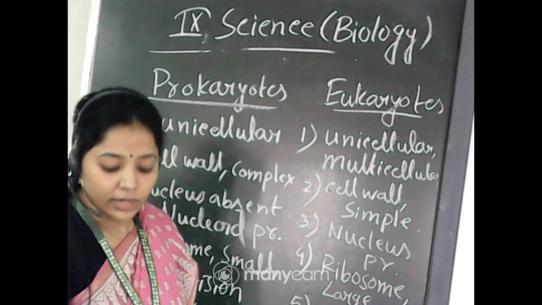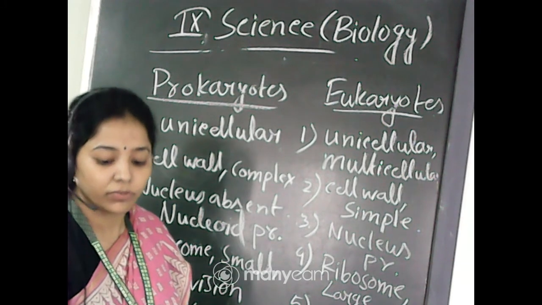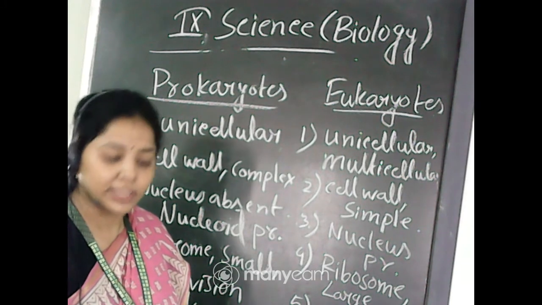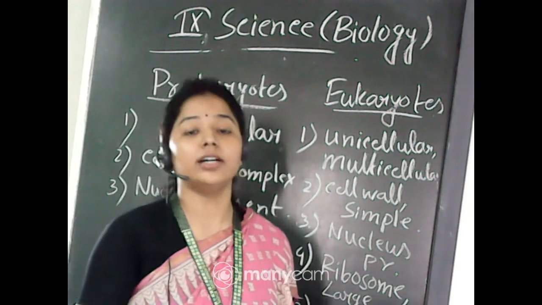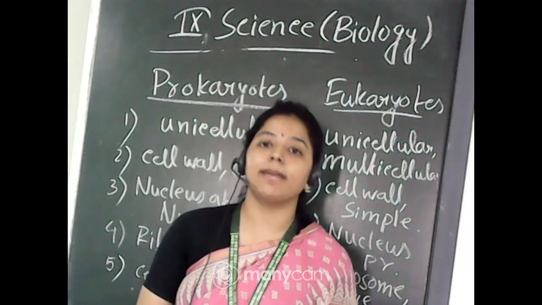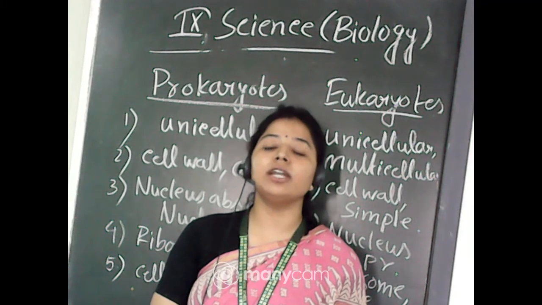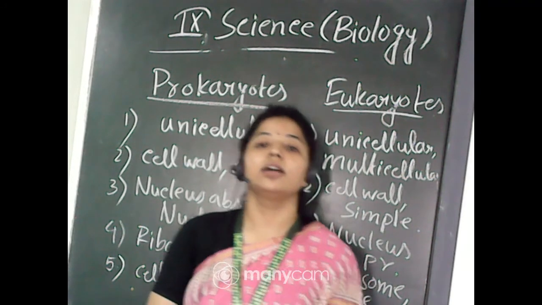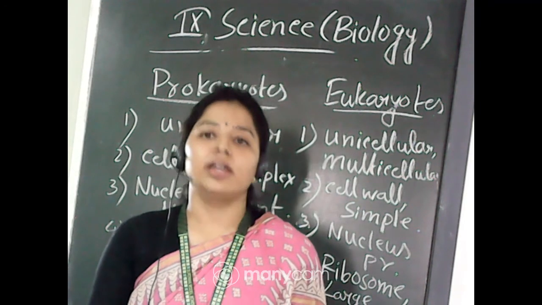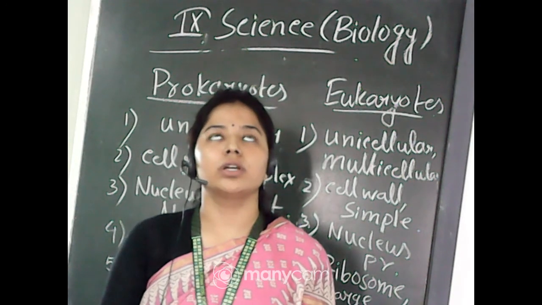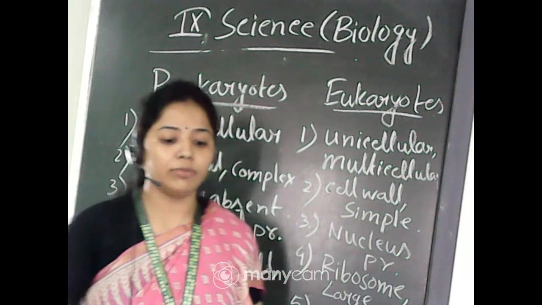Examples of prokaryotes are bacteria and archaea, while examples of eukaryotes are animals and plants. There are also some unicellular eukaryotes, for example fungi, algae, zooplankton and phytoplankton. Okay, you have to remember this point.